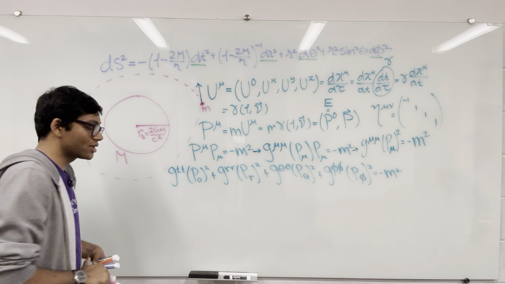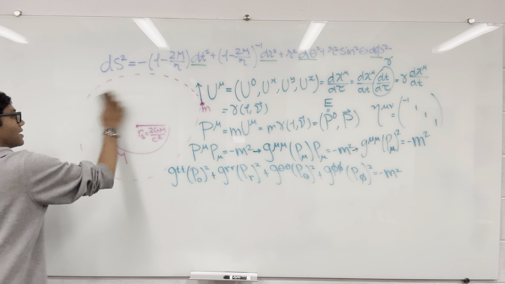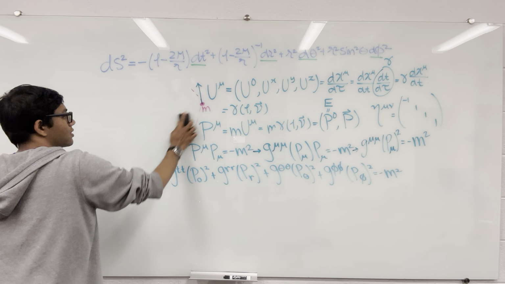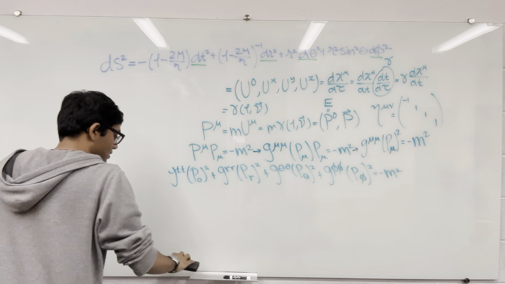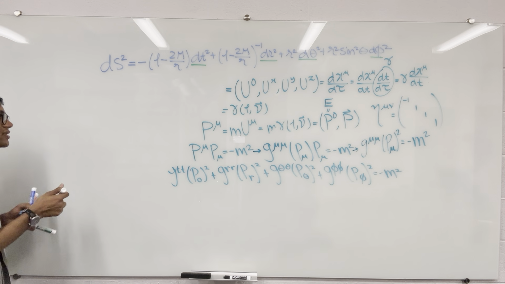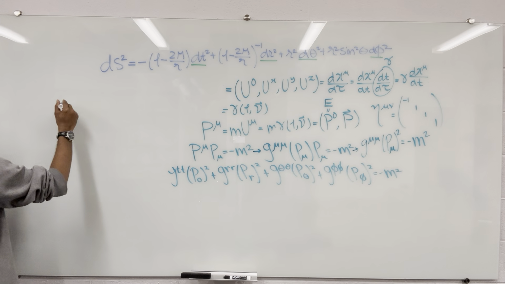Now let's write down the Schwarzschild metric in matrix form. That's going to help us simplify this expression further. So let's erase all of this and write this down in matrix form. In matrix form, the Schwarzschild metric looks like this.